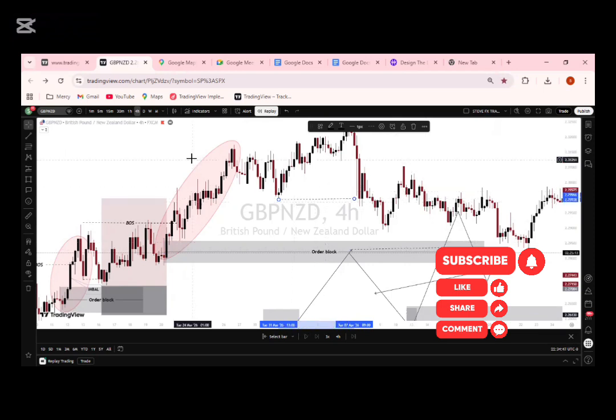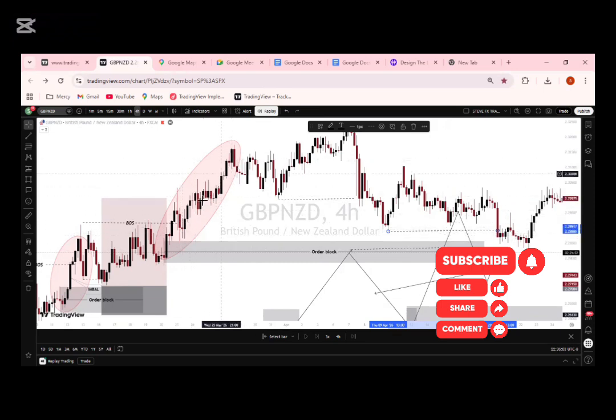So this one was a liquidity. This one too is a liquidity, because it did not really mitigate the zone, although it reacted from this particular order block.